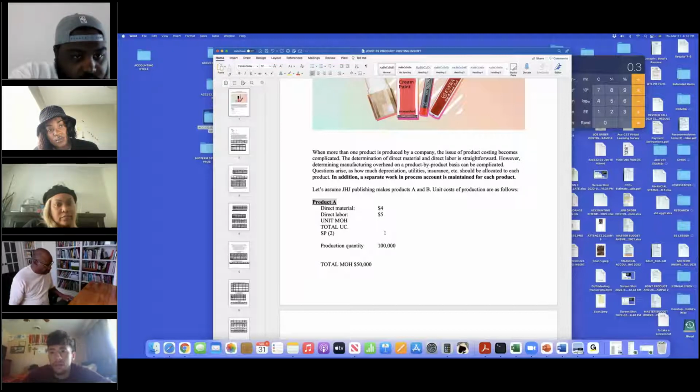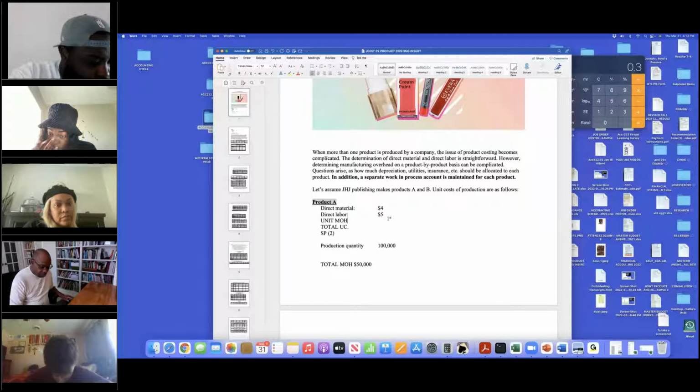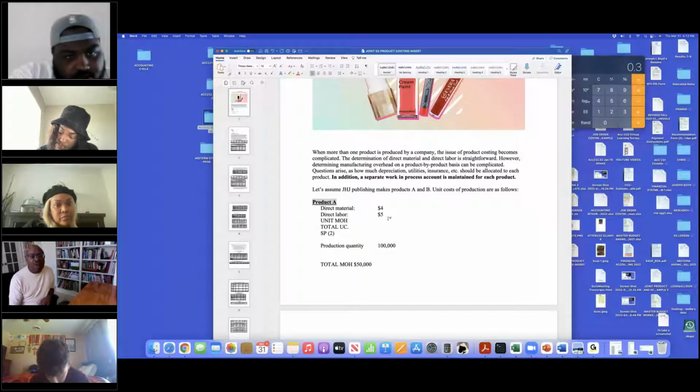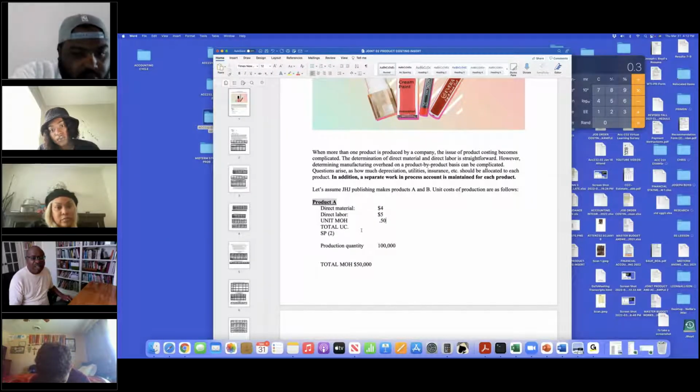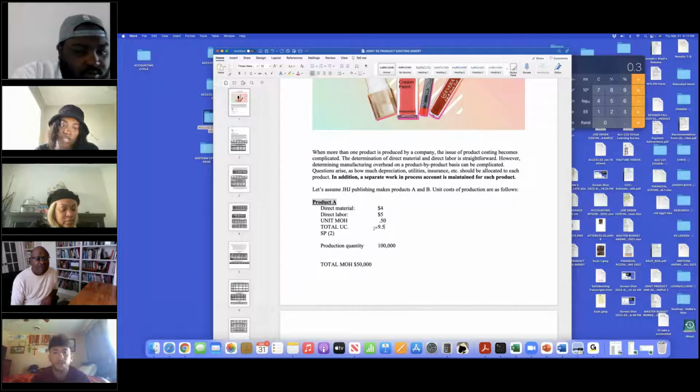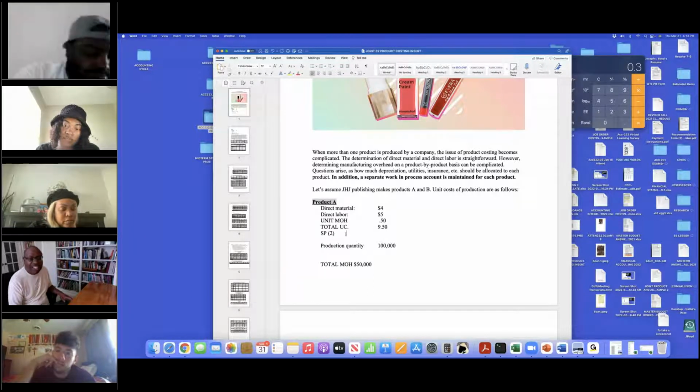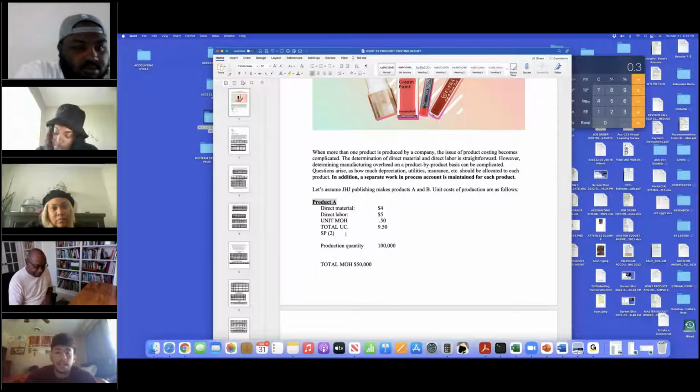Okay. Total unit cost would be, as indicated, 9.50. What's our selling price going to be? 19. Okay.